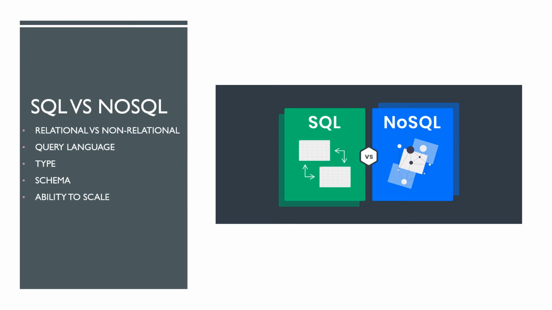For the type, SQL databases are table-based databases. NoSQL databases can be document-based, key-value pairs, graph databases. For the schemas, SQL databases have a predefined schema, and NoSQL databases use dynamic schemas for unstructured data.